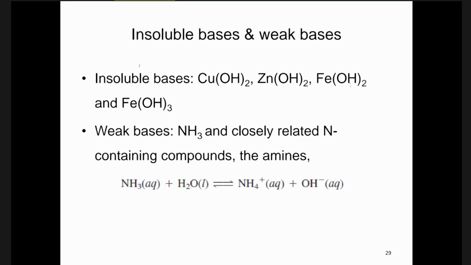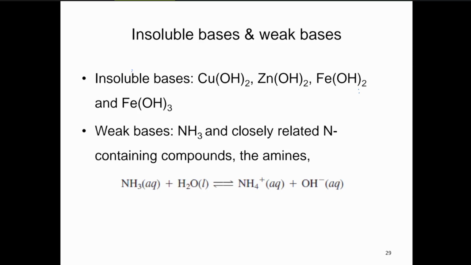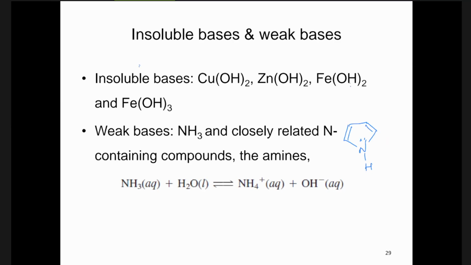For example, the amide, or for example, this compound also, the pyrrole compound. So you have here a non-bonding electron pair, so it behaves like a Lewis base. It's a weak base. Okay.